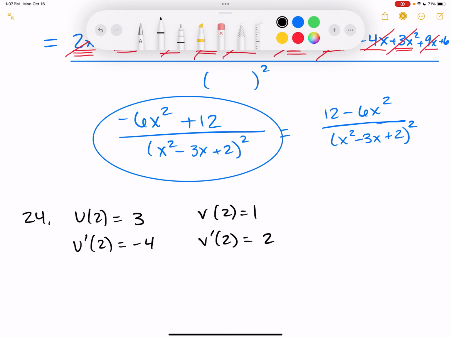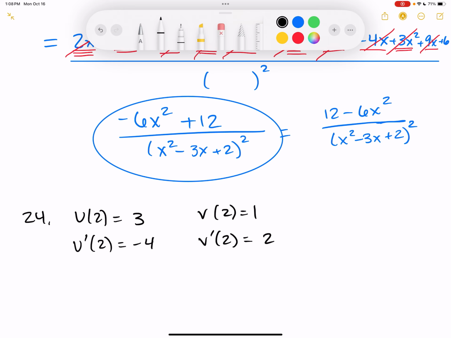Find the values of the following derivatives at x equals 2. The only reason the at x equals 2 is relevant is because that's what has been plugged in here. It's saying if x was 2, this is the value for u, this is the value for v, and these are the values for their derivatives at those points.